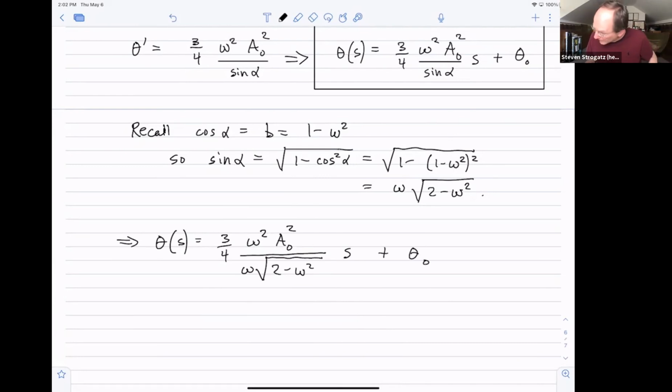And I might as well cancel out one factor of omega. So let me do that manually like this.